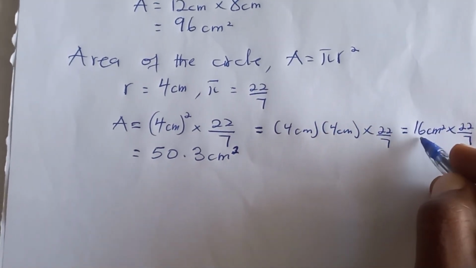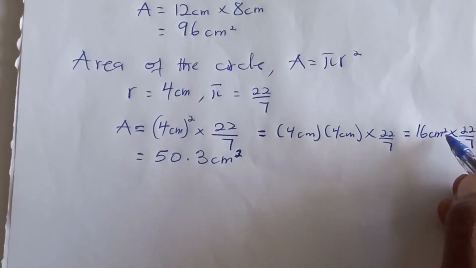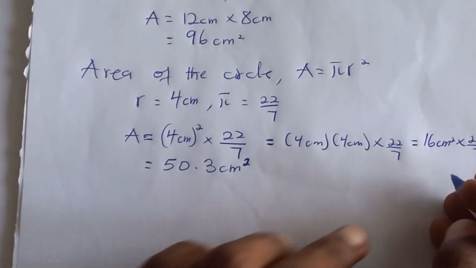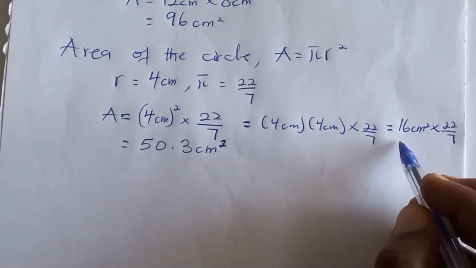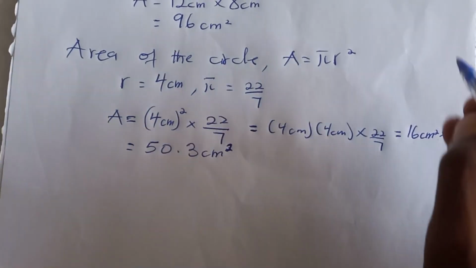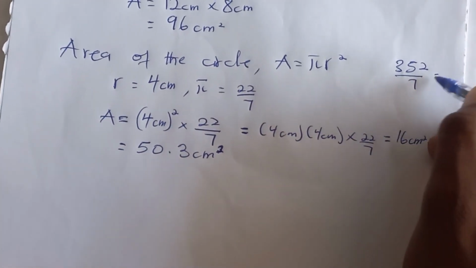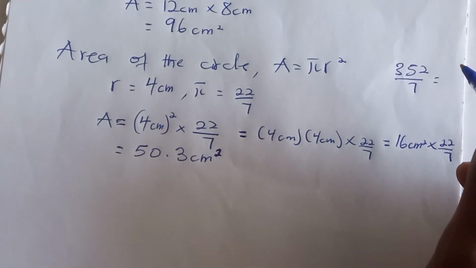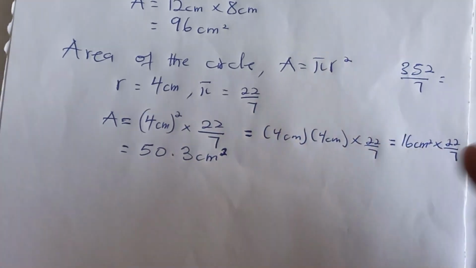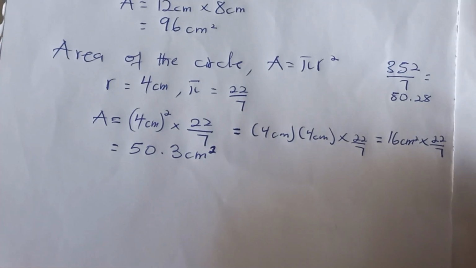And 16 times 22 is 352 on 7. 352 on 7 is 50.28 in decimal.